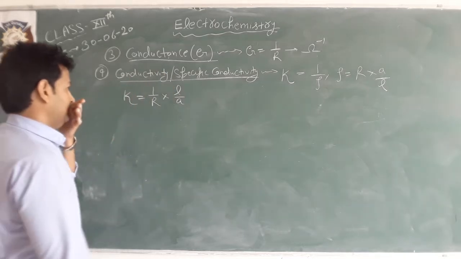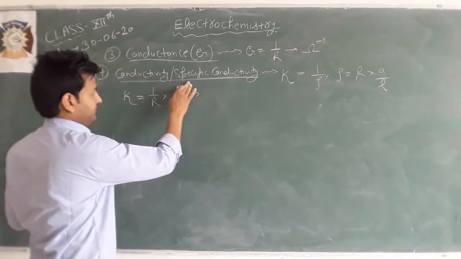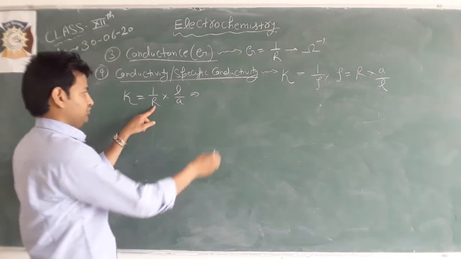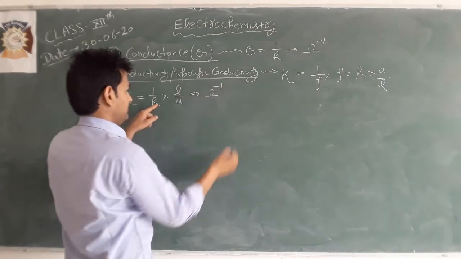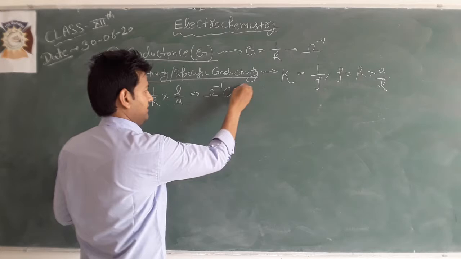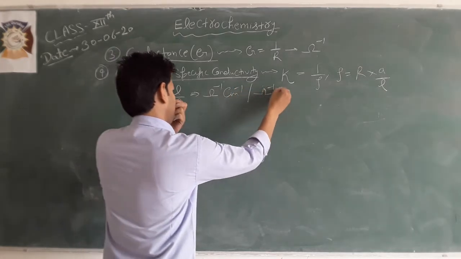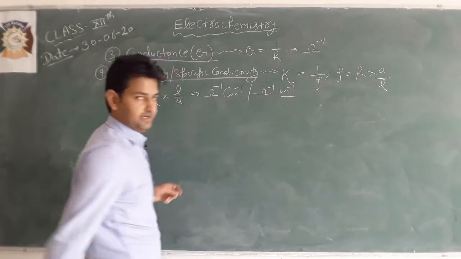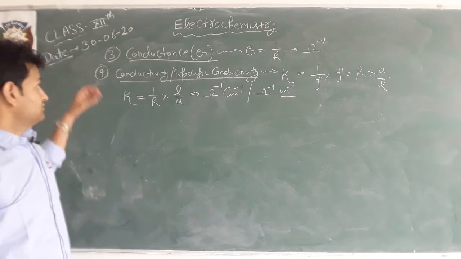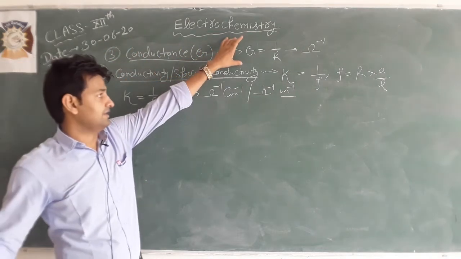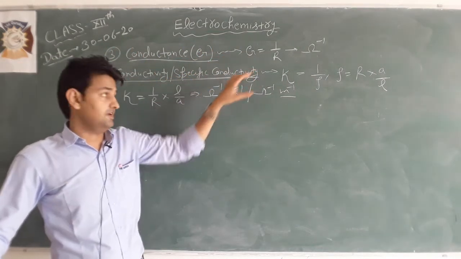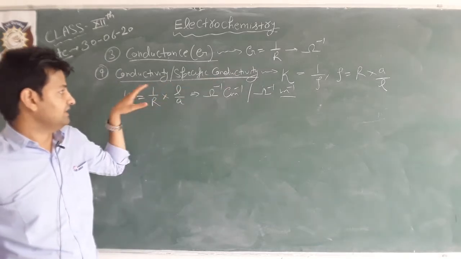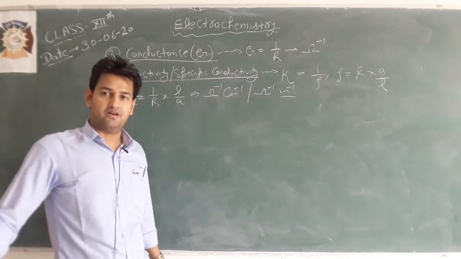Then what is its unit? For the specific conductivity, it is ohm inverse centimeter inverse, or ohm inverse meter inverse. So resistance inverse is conductance and resistivity inverse is specific conductivity, or simply we can call it conductivity.